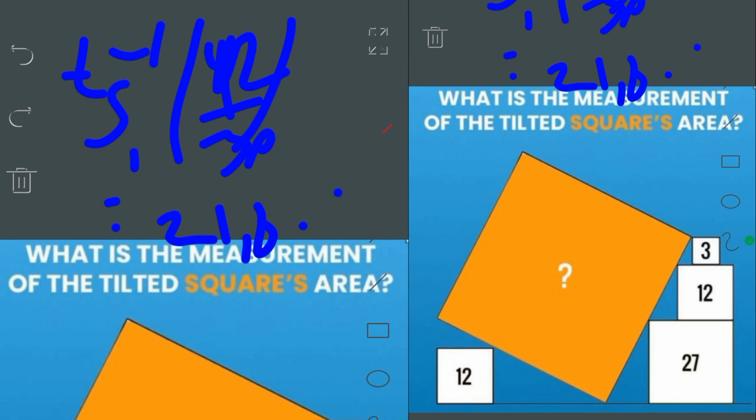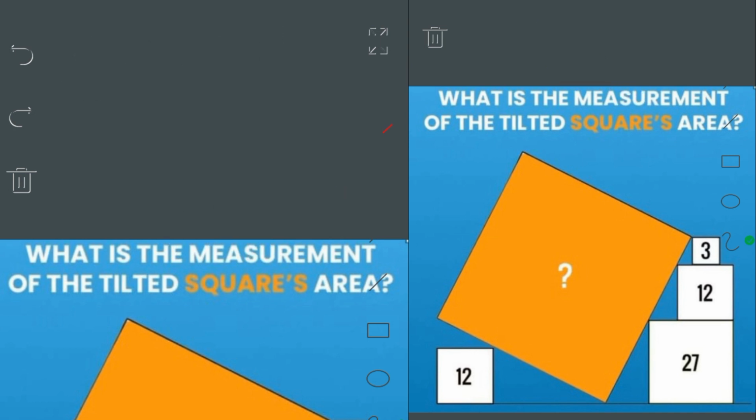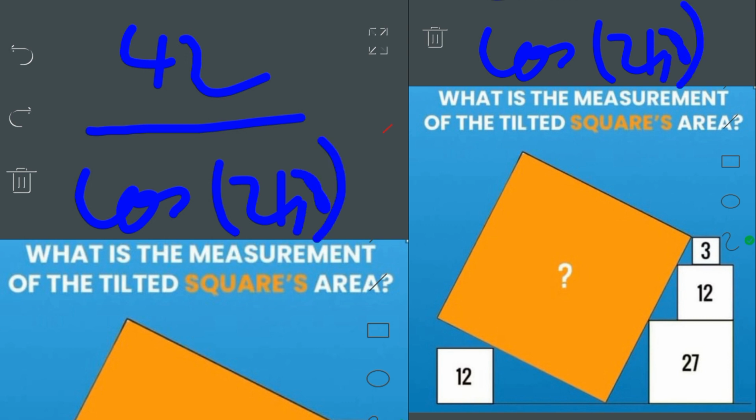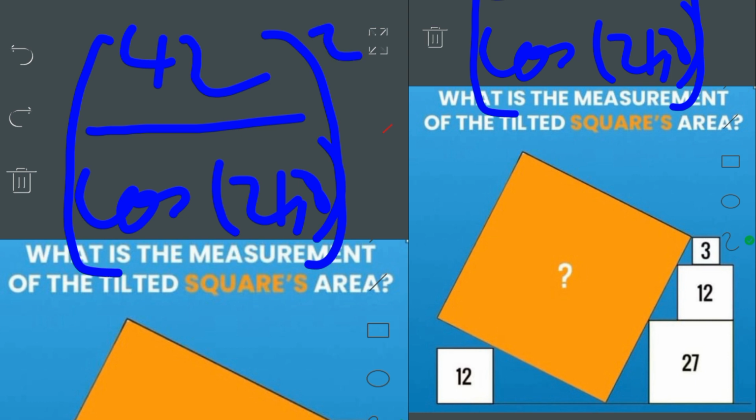Okay, so whatever you have there, you're gonna then say 42 divided by cos of 21.8 or so. You have your calculator with you, I presume. So now the whole thing here squared is your area, right?